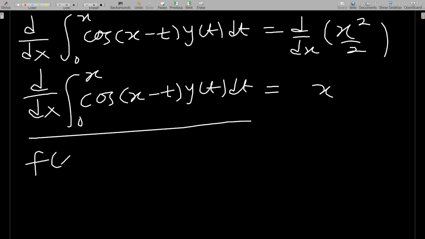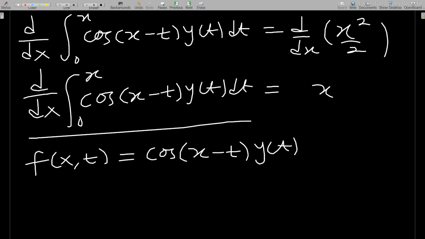So with this, I'm picking only this part, okay, so that I will differentiate with this. The f of x, t here, that we'll get from our ideas in differentiation under the integral sign, is equal to cos of (x minus t) y of t, because we said it's everything that is under the integral sign. So here our a is 0, and our b is equal to x, okay? So we said we'll have to get f of x comma b, and b is x.